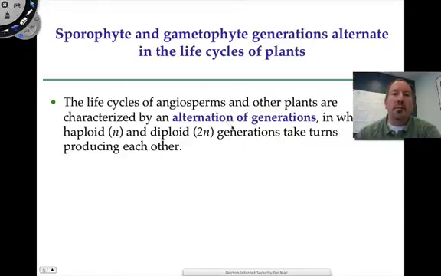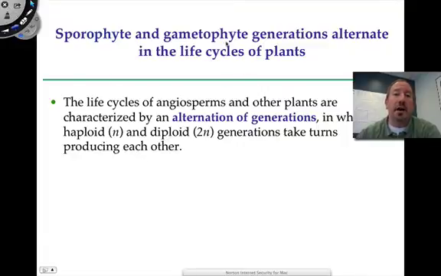One of the most important terms that we're going to talk about in this discussion of sexual reproduction is this whole idea of sporophyte and gametophytes. Now, the sporophyte is the conspicuous plant that you're familiar with, the shoot and the leaves, that produces the flower.